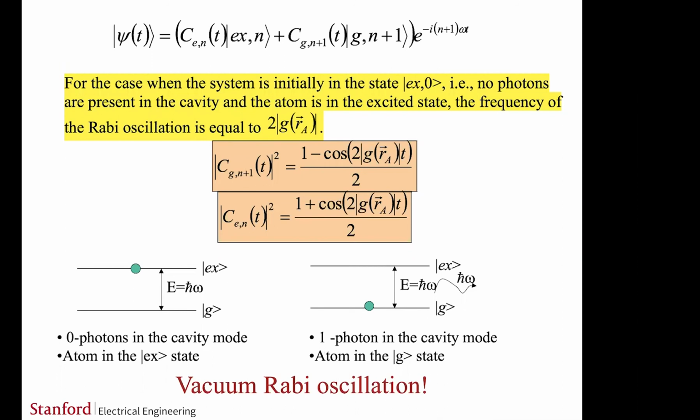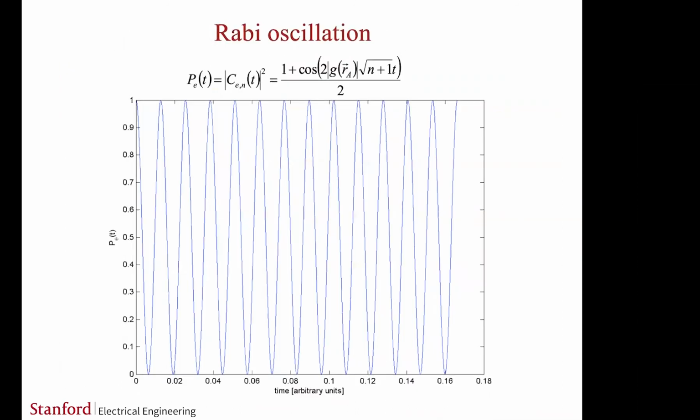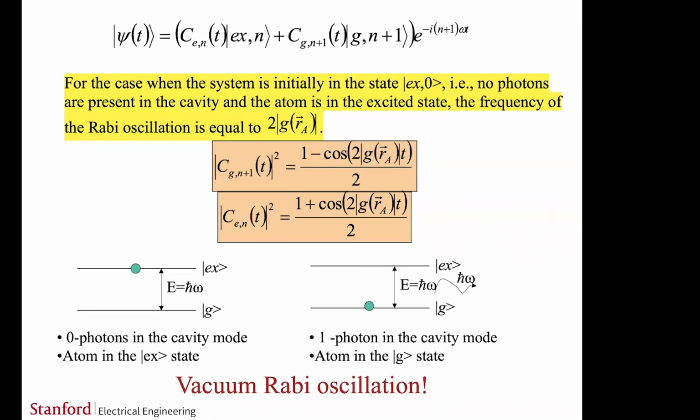Is there any interpretation to explain the square root of n plus 1? Why, the more photons, is the Rabi frequency larger? Because the interaction is larger. If you think about it classically, if you squeeze more photons into a certain volume, you have larger local field intensity, larger energy.